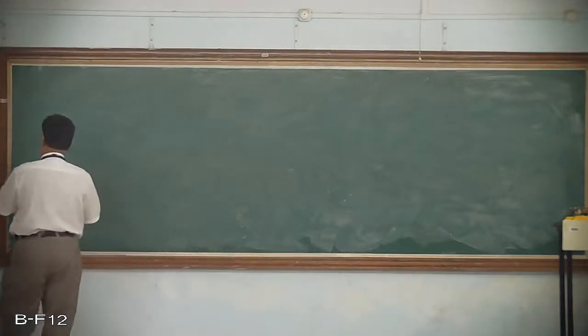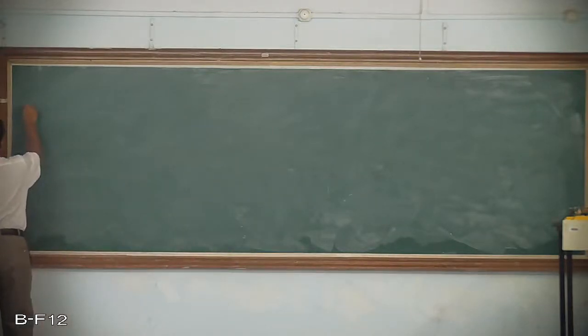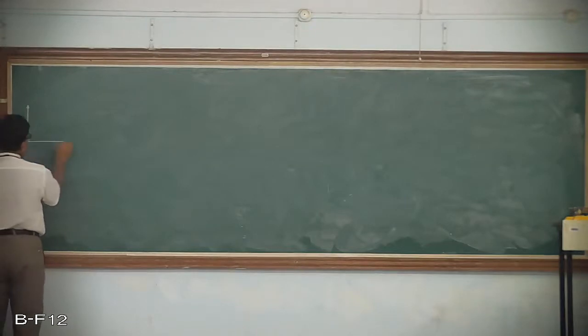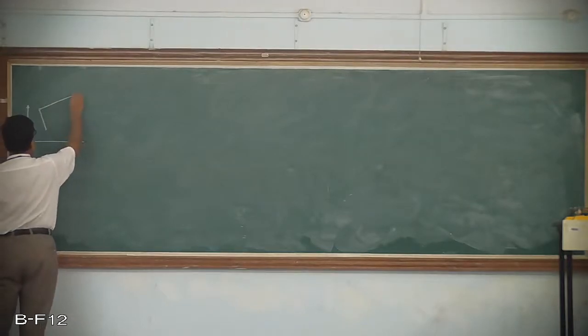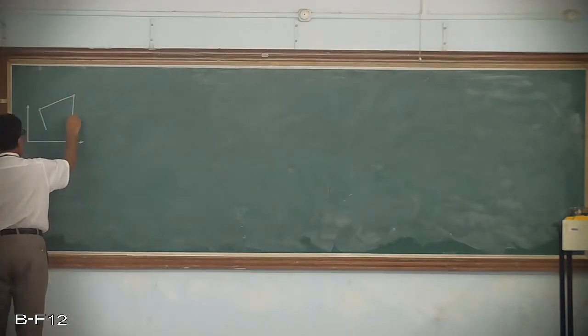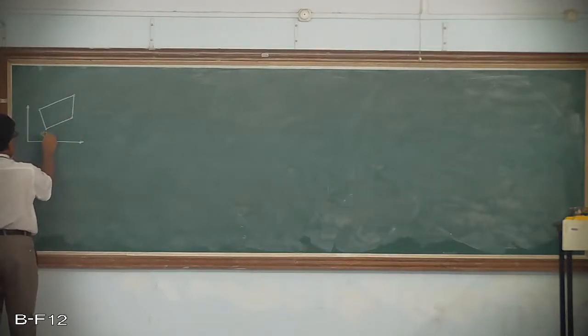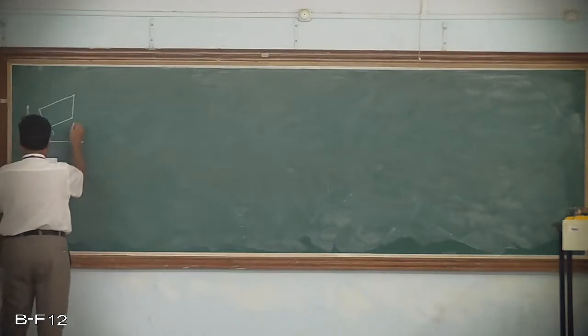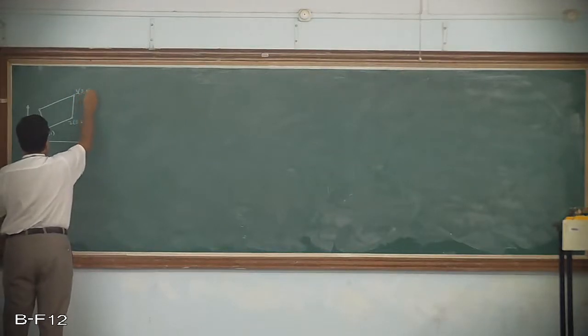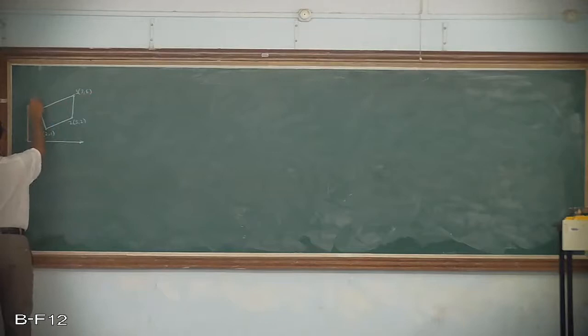See, in the last class, what I had given was a quadrilateral. This is the quadrilateral. Here the coordinates are given: 2, 1; 5 and 2; 3, 7 and 6; 4, 1 and 5.